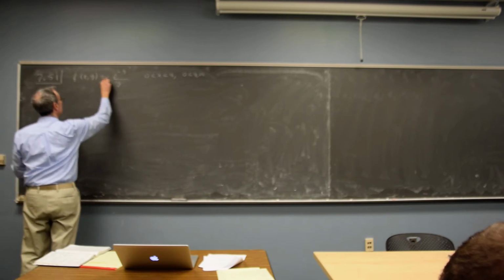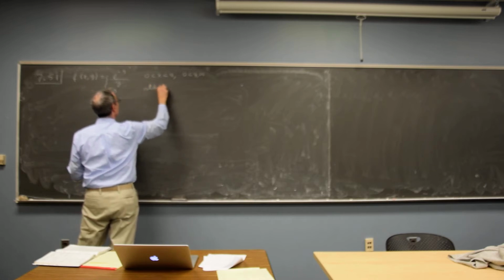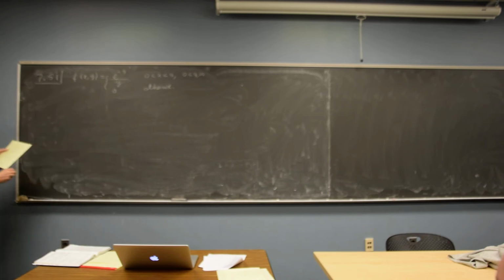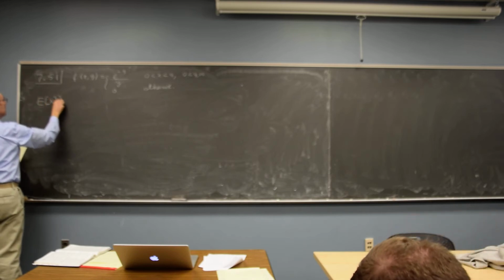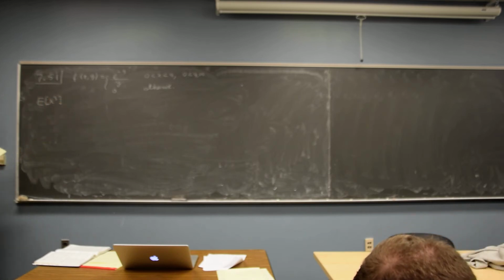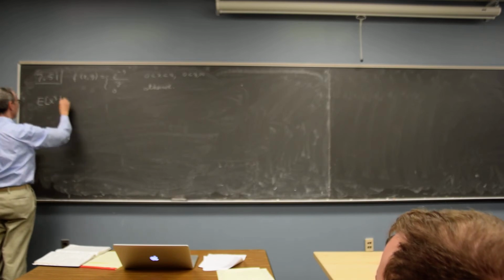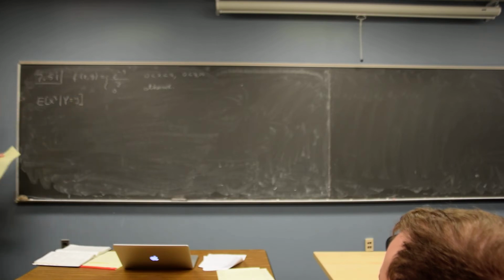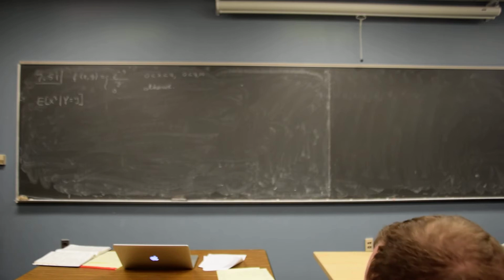Otherwise, it's 0 always. And the question is, we want to compute the expectation value of x cubed under the condition y is equal to 1. Okay? We want to compute this.